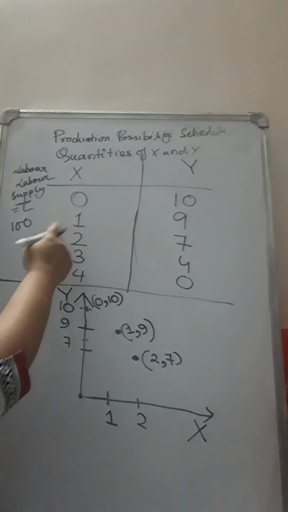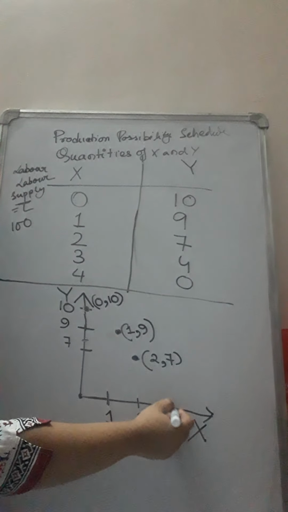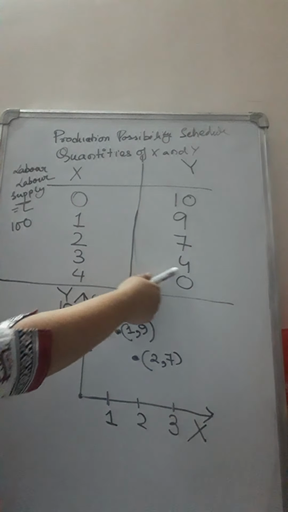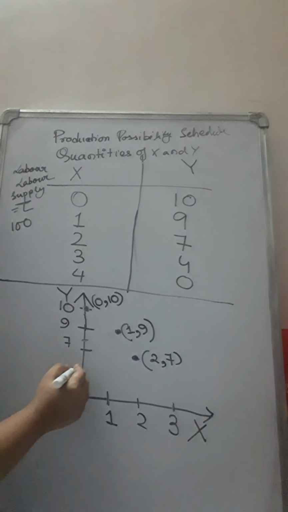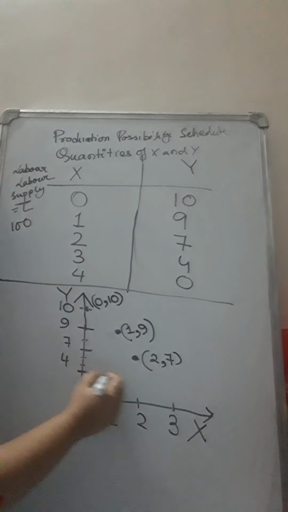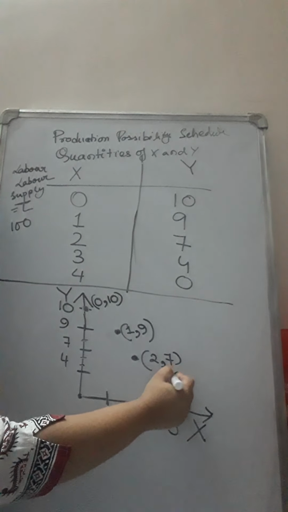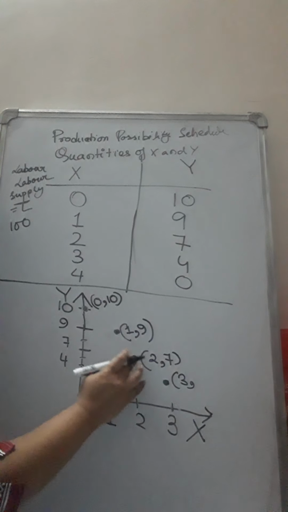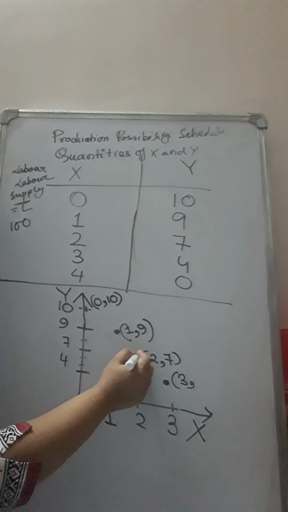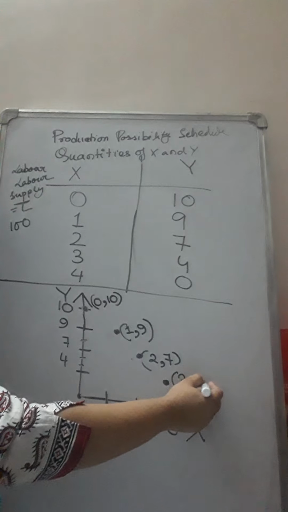Now, if you want to produce 1 more unit of X, that is 3 units, again see the Y's production has fallen to 4. So, somewhere over here 3, 4.